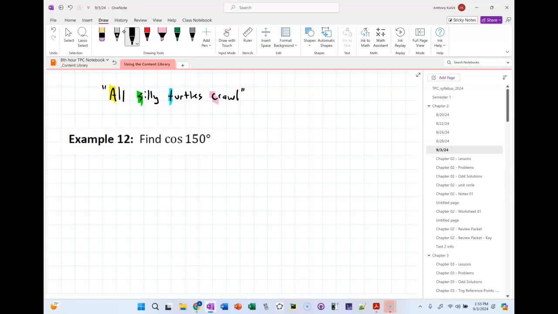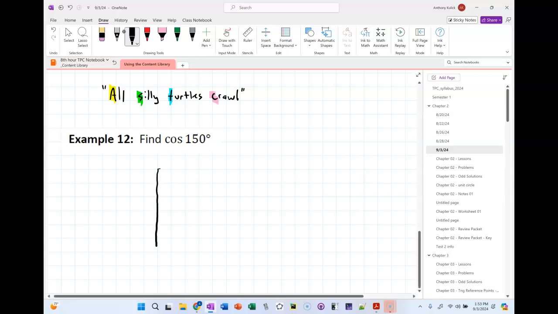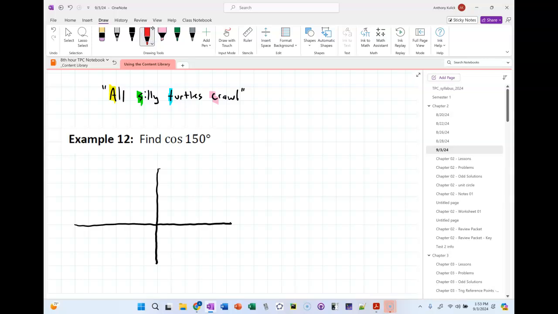So we can't do SOHCAHTOA on this, right? We're going to have to use our new point definition for sine, cosine, and tangent. So I'm going to start by drawing a picture of a 150-degree angle.